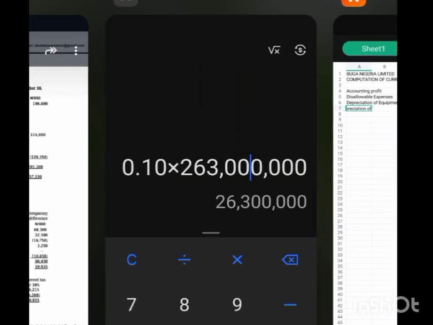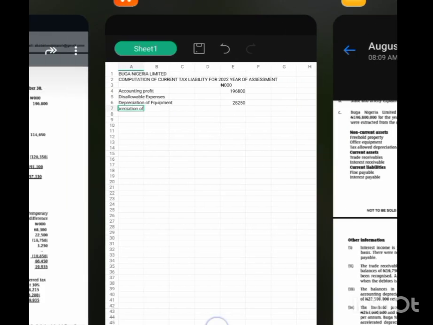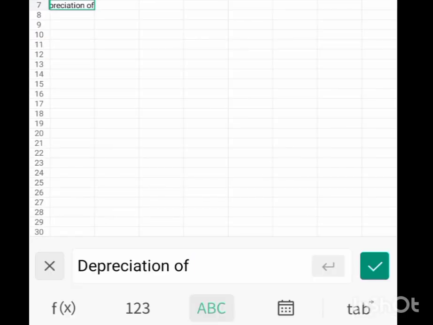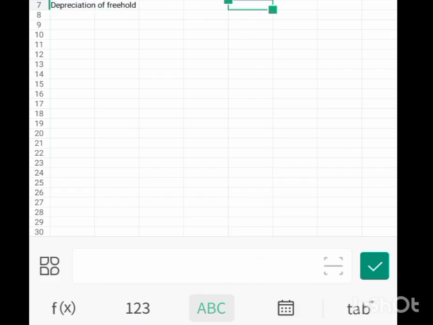So let's come here and check our depreciation. 10% of 263 million is 26,300,000. So we have 26,300,000 of freehold.